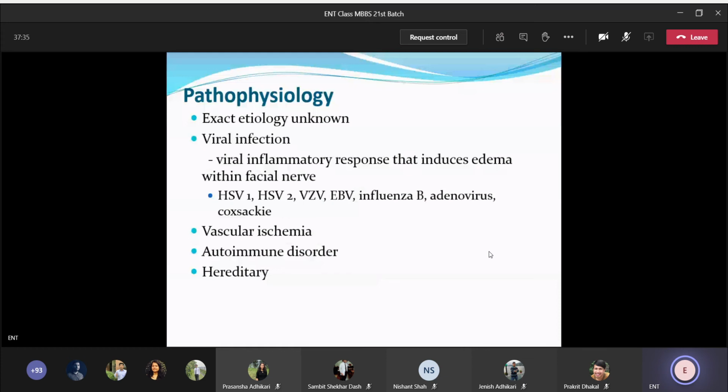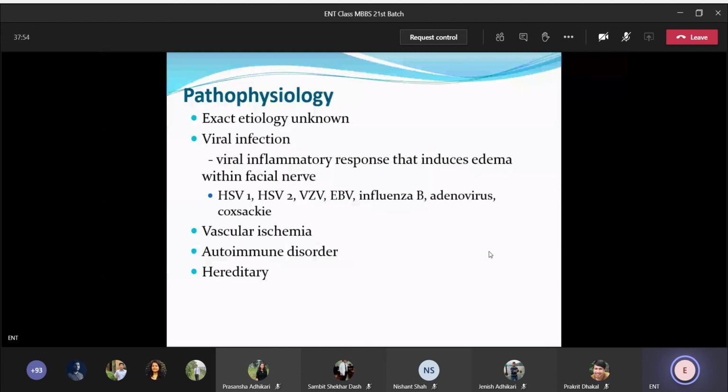These viruses are implicated: herpes simplex virus 1 and 2, herpes zoster virus, Epstein-Barr virus, influenza virus, adenovirus, and Coxsackie virus. These are thought to be the origin of Bell's palsy.